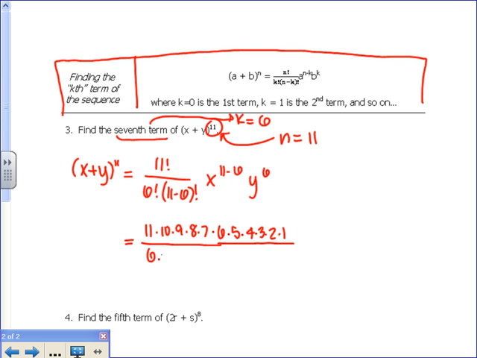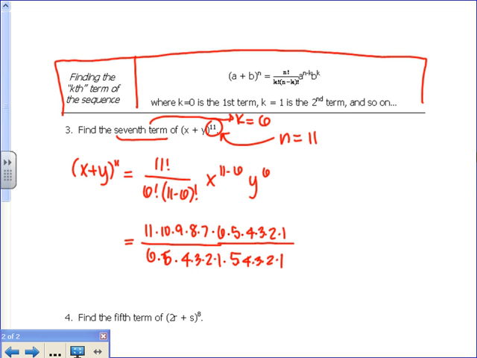And then on the bottom here we have 6 times, oops, not 7. Not counting up, we're counting down. 4, 3, 2, 1. And then here I have 11 minus 6, which is just 5. And 5 factorial would be 5, 4, 3, 2, 1. Okay, so there's all of our numbers.